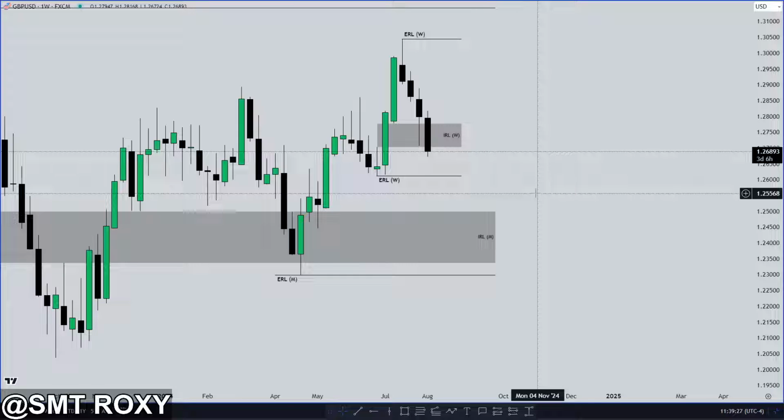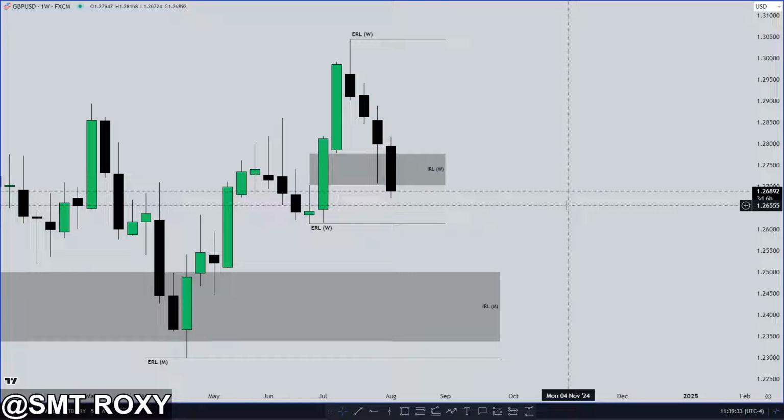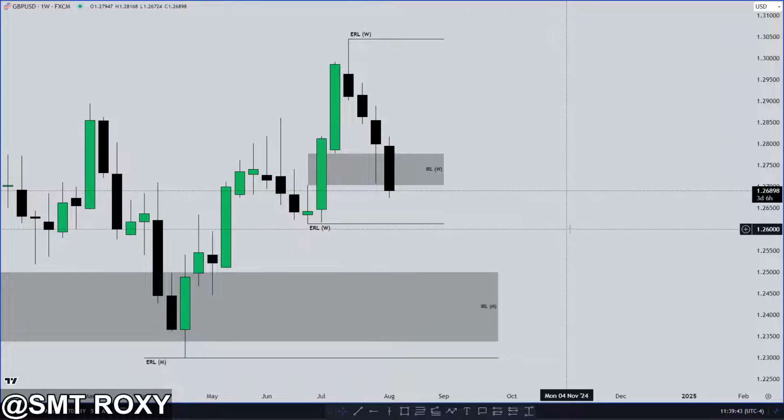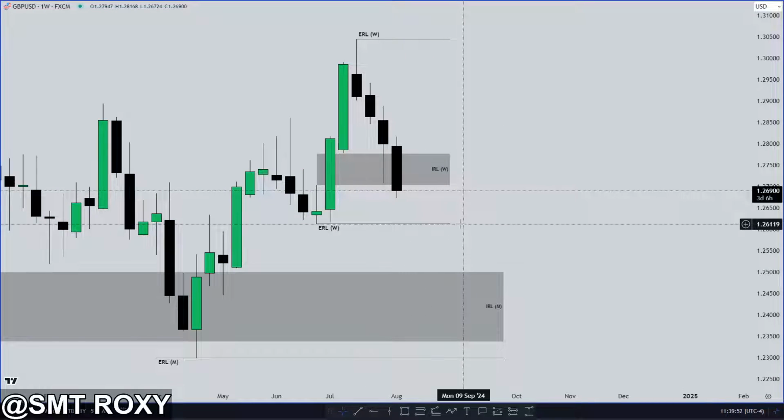I would focus mainly on the lower time frame entries, much more than on the higher time frame, to give you a good clean reason as to why to take that trade. It's weird, I would just be focusing on the lower time frame entry models and patterns, and I really wouldn't focus on the higher time frame. I would have a higher time frame bias or a higher time frame fair value gap, but I wouldn't be able to determine why it should hold and why it should push price higher.